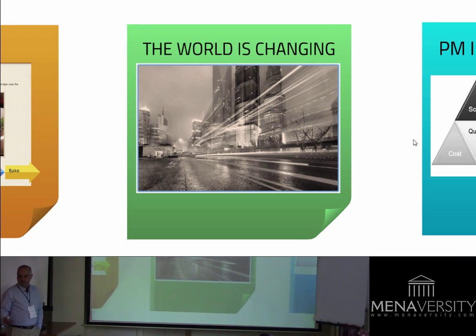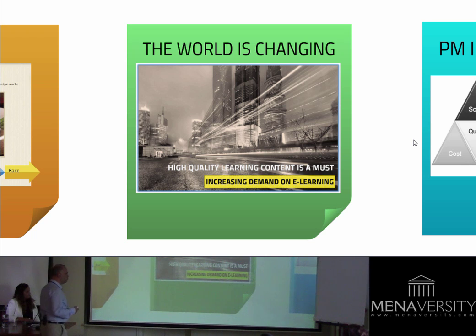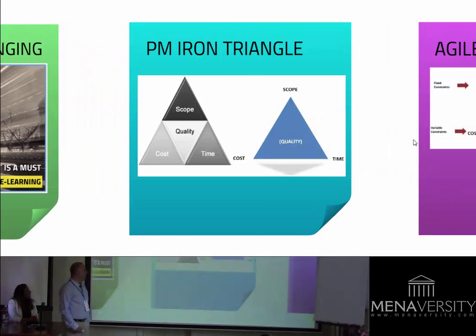In our case, the e-learning, the high quality of the learning content is a must, and we'll talk about this in a minute. And there is a huge increasing demand on e-learning itself. We'll see how. So basically, in the old world, people who are familiar with projects are familiar with this triangle, the iron triangle of project managers, where you always argue that there is scope, cost, time, and quality, and you have to pick two.